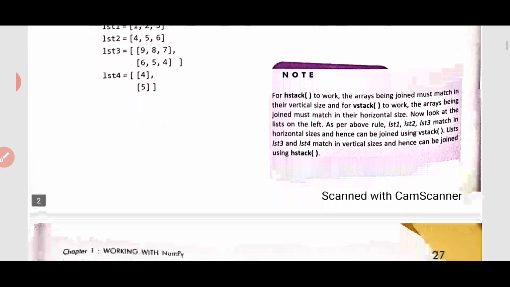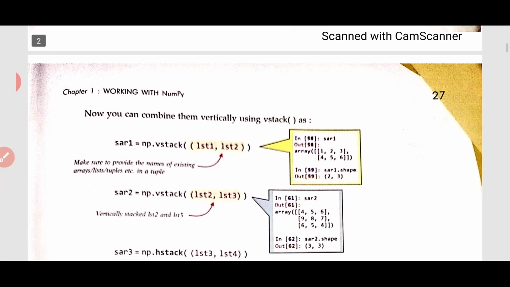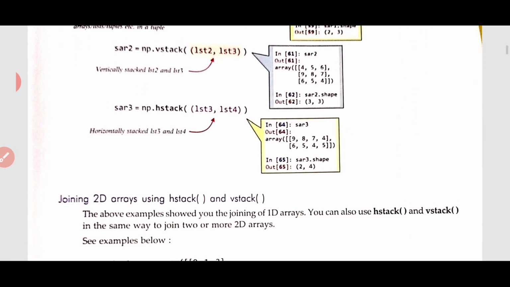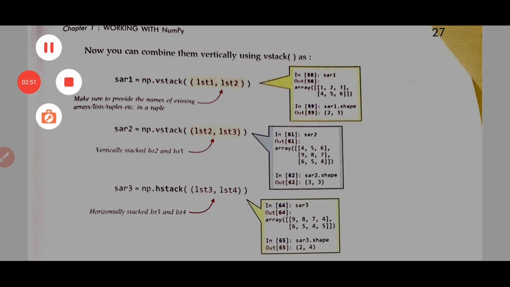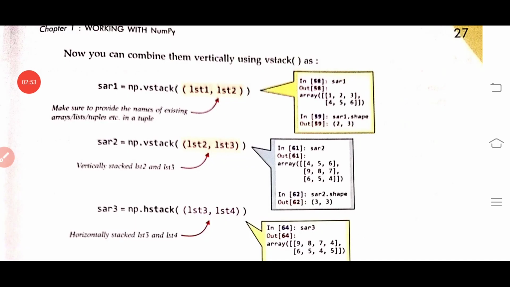Just see, using these arrays, how we can do this. Now you can combine them vertically using vstack. In this example, you can see SAR1, the array object, is equal to np.vstack(lst1, lst2).